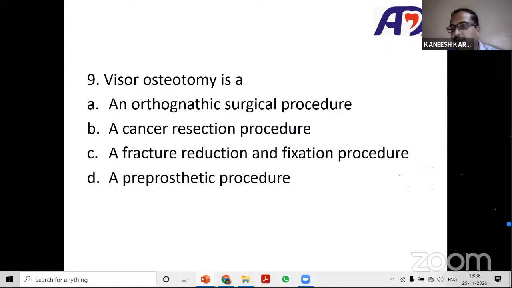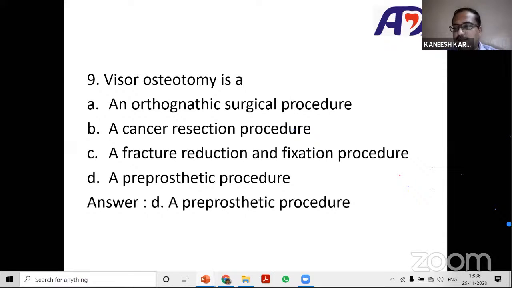What is visor osteotomy? Yeah, excellent. It is a pre-prosthetic surgical procedure.